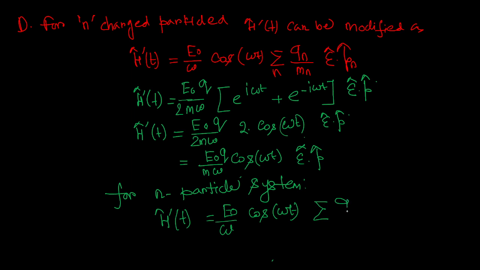This is Qn by Mn, where n is the momentum of the nth particle, and qn and mn are the charge and mass of the nth particle. So this is the correct option.